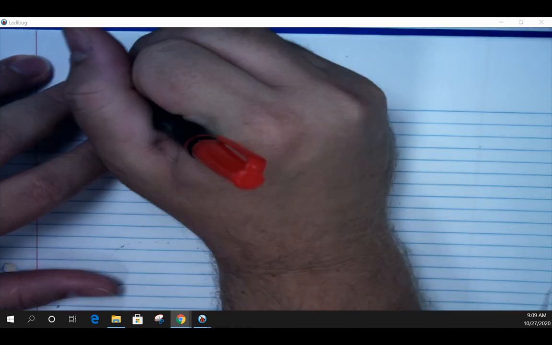Okay, so now we're going to do our distance time graph notes in our journal, also known as a motion graph.